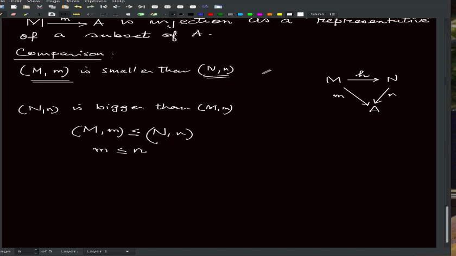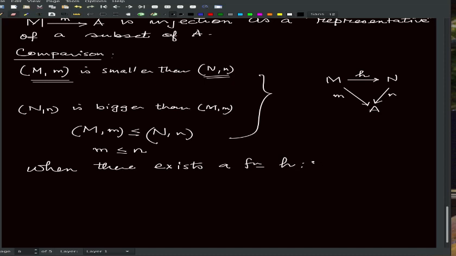So this means, that is, when there exists a function h from M to N such that n h is equal to m.